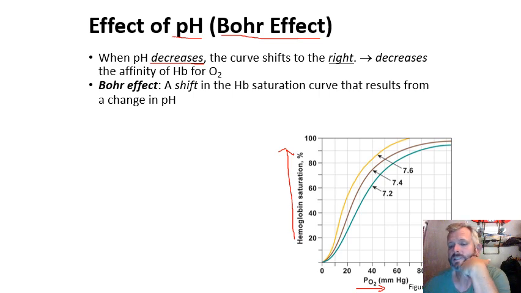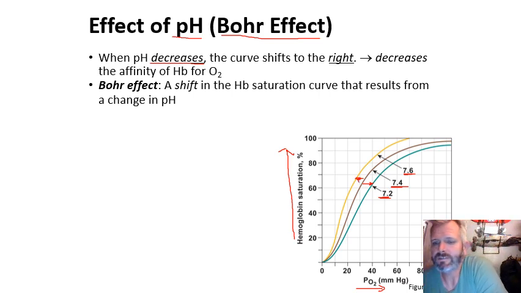The middle here is 7.4, so that is your homeostatic blood level. What happens when pH decreases? You can see 7.2. We get what's called a right shift. We're moving right from the normal curve. Whereas if pH increases, becomes more alkaline, we get a left shift from the normal curve.